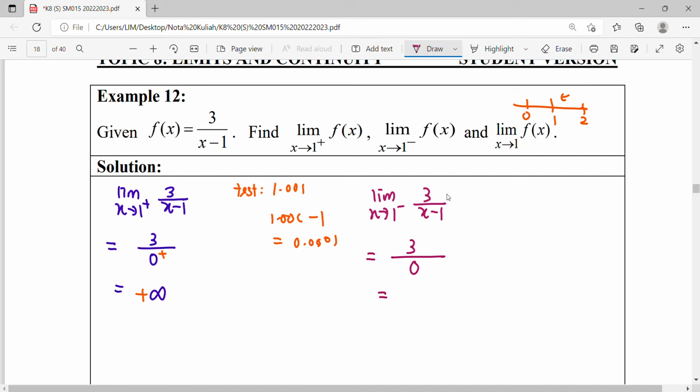So this will give you infinity. A number divided by 0, result is infinity. Boleh. Kosong over kosong, indeterminate. A number divided by 0, result is infinity. So positive or negative? Then we have to test value lah.